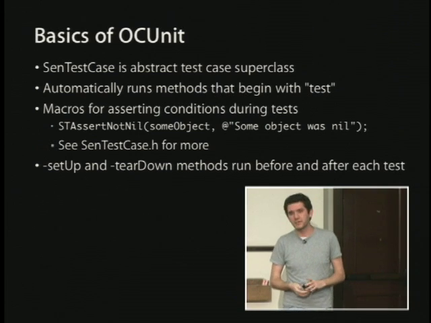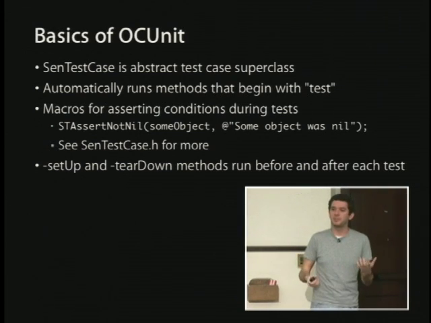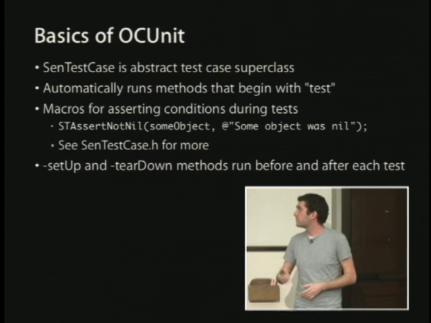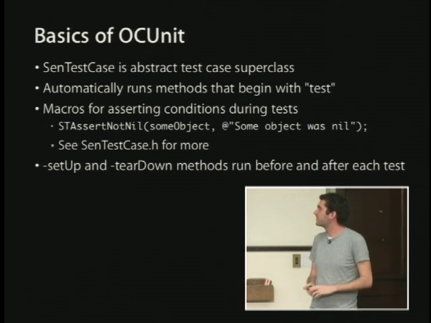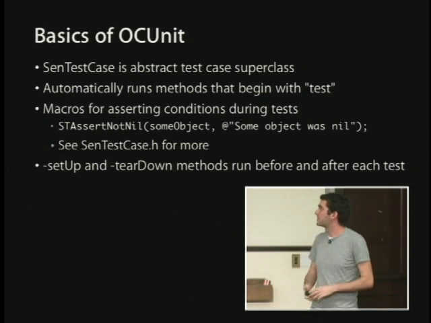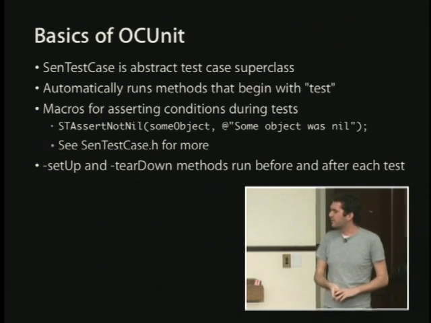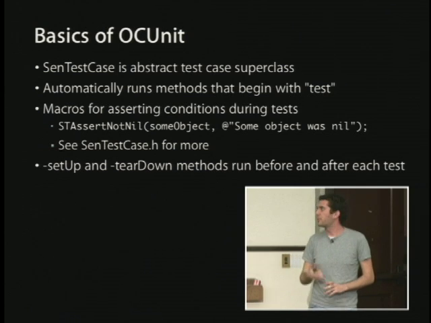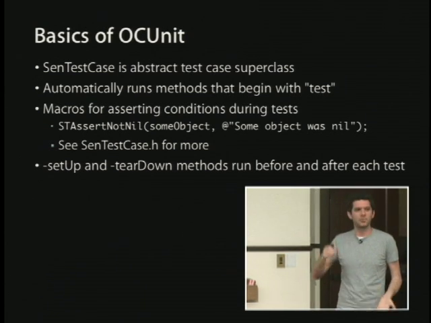It has a bunch of macros that it defines for asserting that particular conditions should be true or false. So you can assert, in this case, that some object is not nil. And your test case will actually generate an error if for some reason you get to that point and some object is nil, and it'll write out whatever message you said here. In this case, some object was nil. There's a ton of these different assert macros. You can open up SenTestCase.h and see the whole list of them.